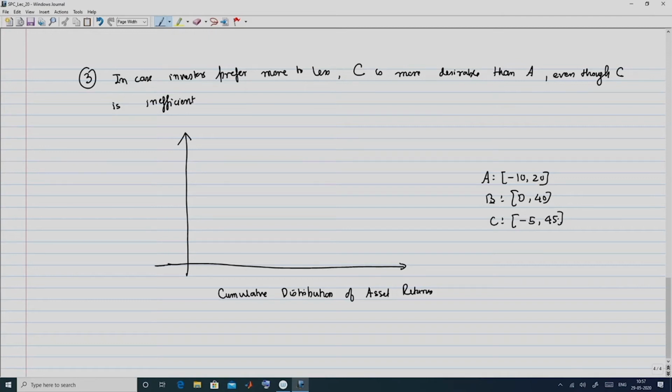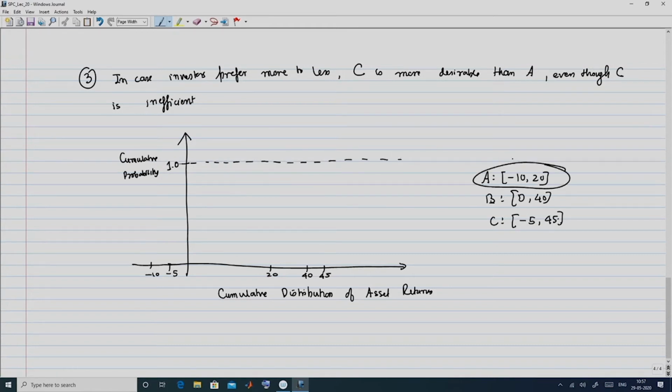All right. So, let us identify this point. So, I have a minus 10 here, then I have minus 5, then I have 20, we have 40 and we have 45. And here on the y axis we have a cumulative probability, the maximum can be 1.